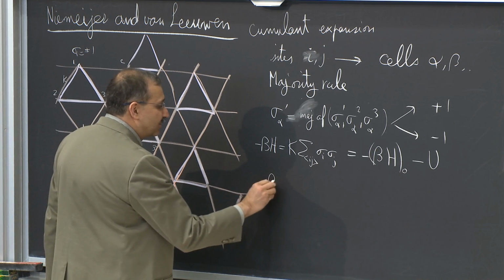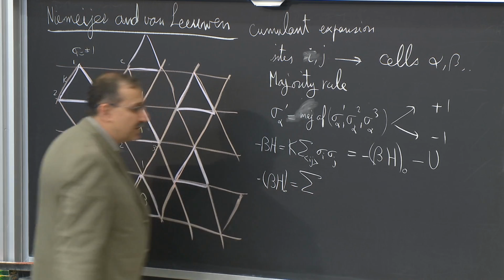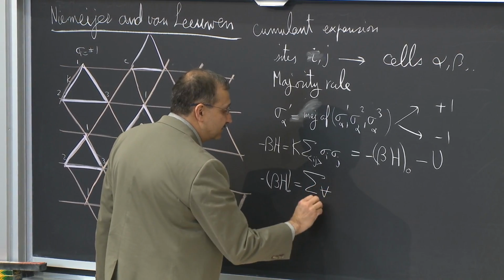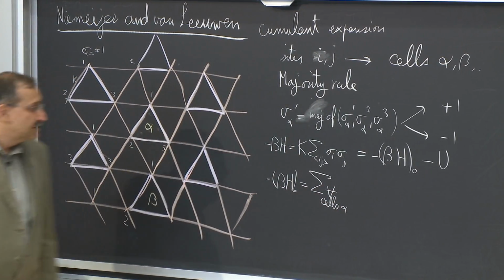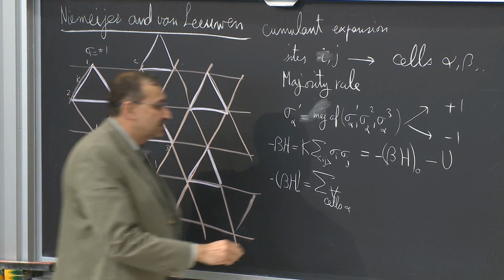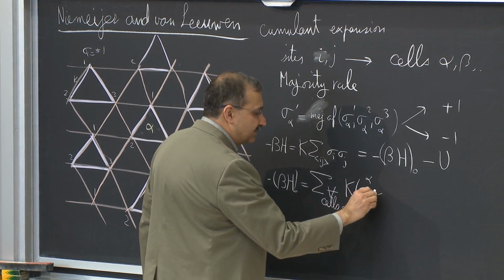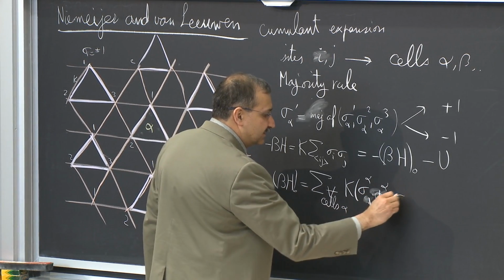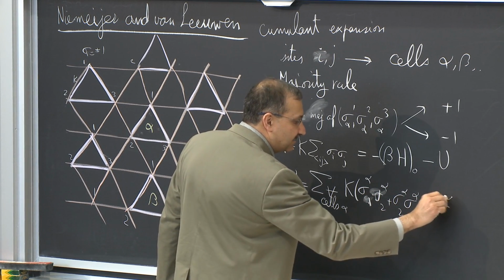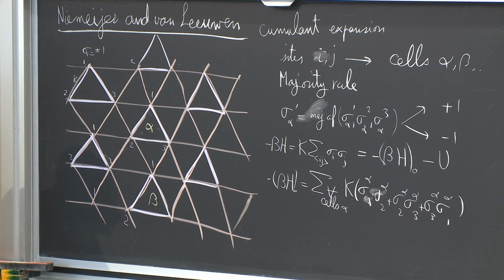The beta H0 is the sum over all cells alpha. What you do is basically you just include the interactions among the cell spins. So I have k sigma alpha 1 sigma alpha 2, sigma alpha 2 sigma alpha 3, sigma alpha 3 sigma alpha 1. So basically, these are the interactions within a cell.